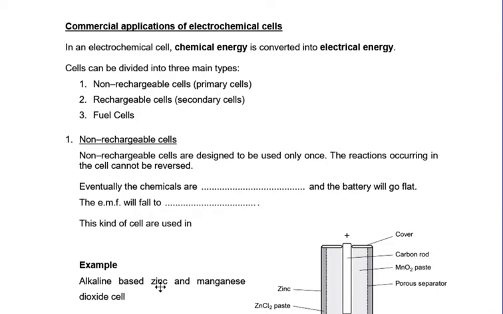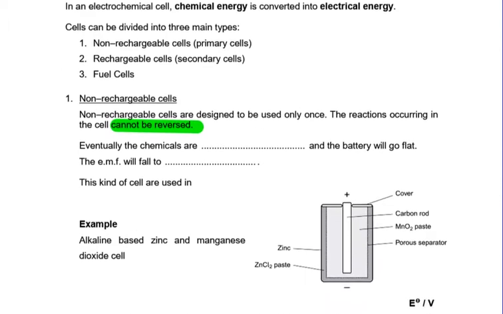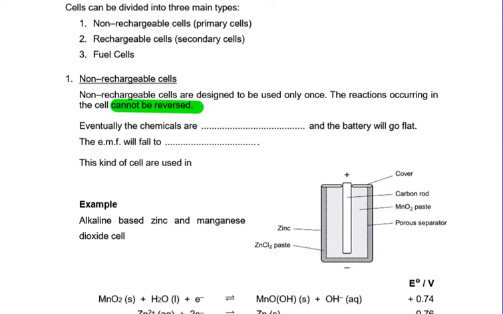So non-rechargeable batteries are designed to be used once only. The reactions cannot be reversed. That's the important thing, they cannot be reversed. So eventually the chemicals are used up and the EMF will fall to 0. So if we were to plot a graph for these of EMF over time, then they're just going to fall down to 0.